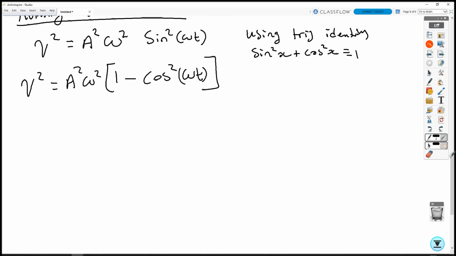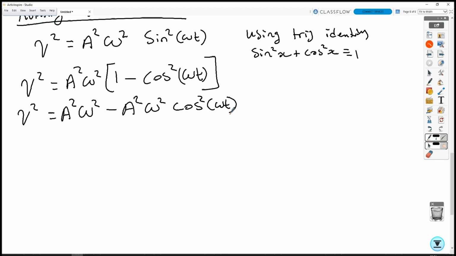Now let's multiply these out. So we've got v squared equals A squared omega squared minus A squared omega squared cos squared omega t.